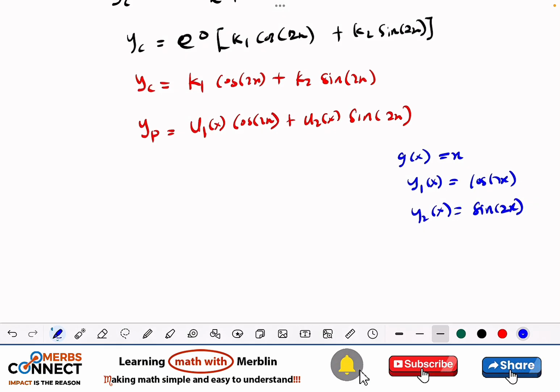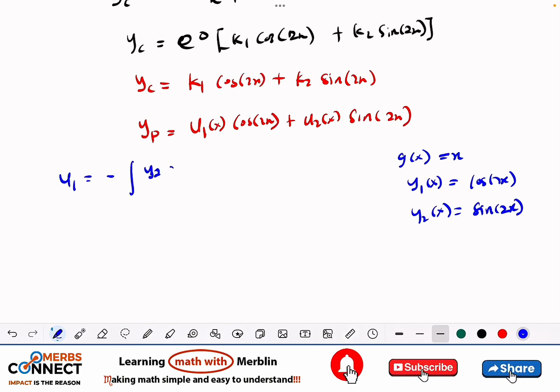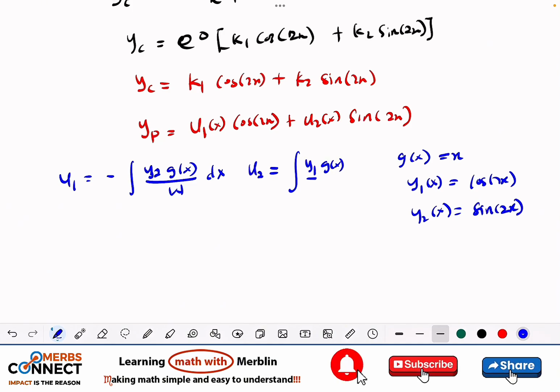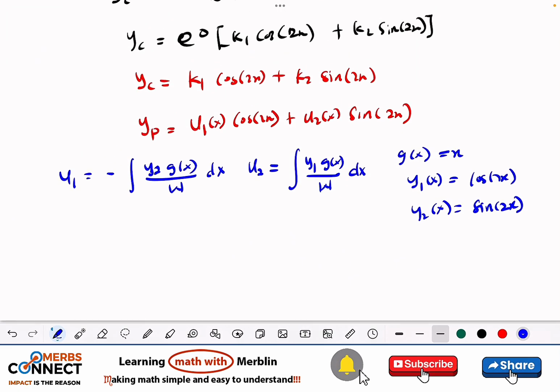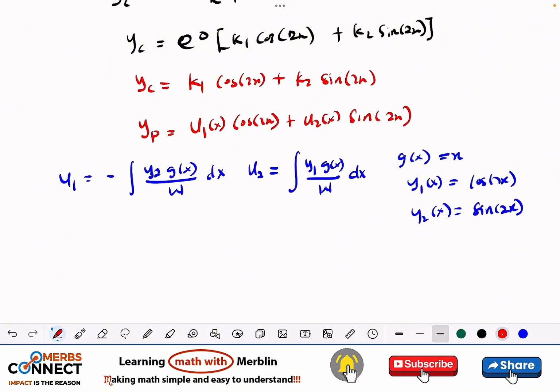So what we need to do here is, now we know that u1 is equal to minus y2 g of x divided by the Wronskian dx. u2 is y1 g of x divided by the Wronskian dx. So we need the Wronskian. So let's find the Wronskian. And we know that anytime we have this, the Wronskian is kind of going to give us either 1, or because this one is 2, it's going to give us 2.